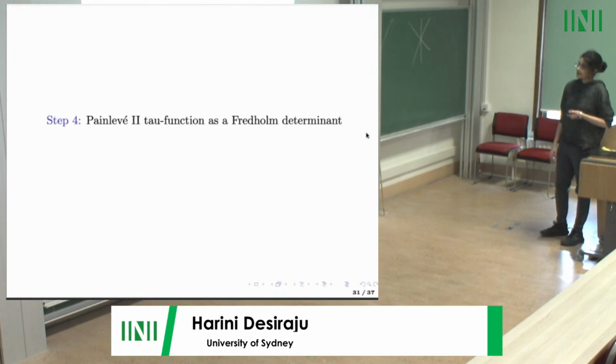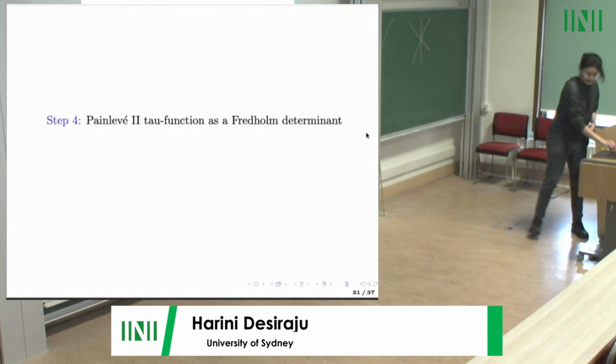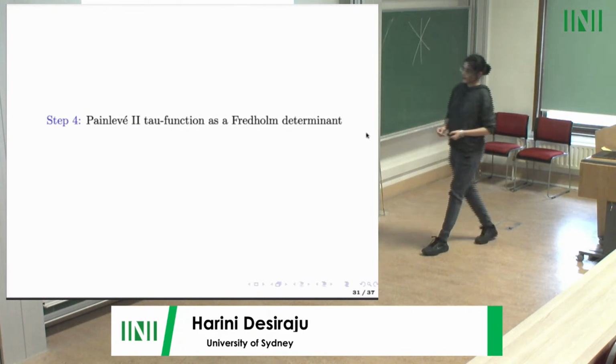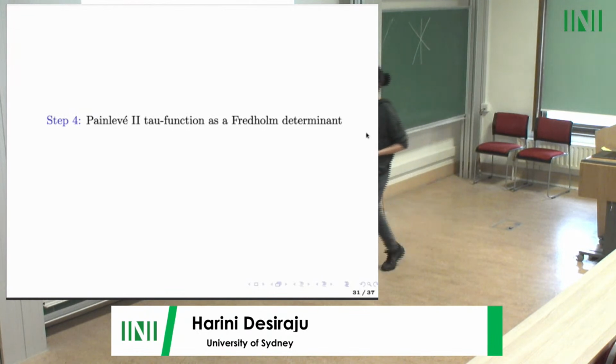OK, now what? Now comes the problem of saying, OK, great, I have defined a kernel here. I got a determinant here. But what about the tau function there? This is what I wanted to know.